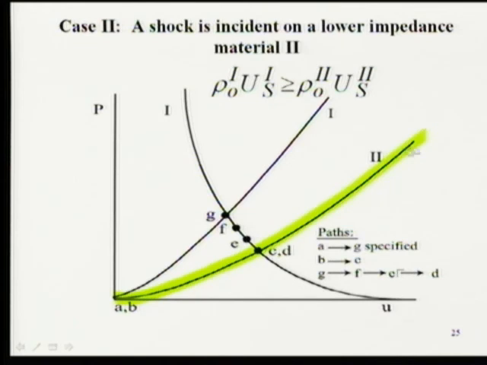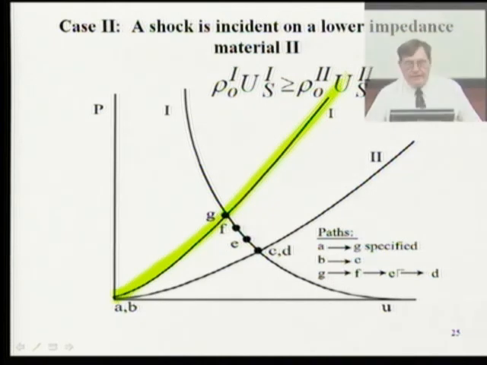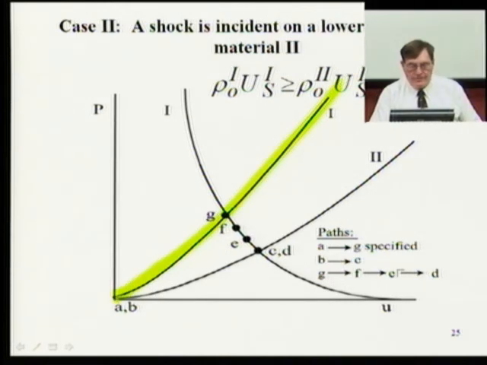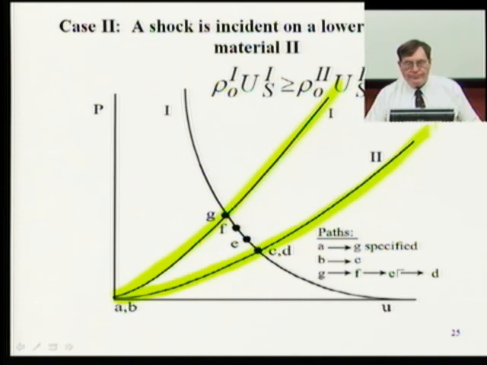I'm sorry, that's the wrong Hugoniot. It's a higher impedance shock, so it has to be along that. The first plate is higher impedance, so it has to be along that curve. And when it hits the boundary, it sends a forward-facing shock into the lower impedance material. So the answer has to be along that curve.